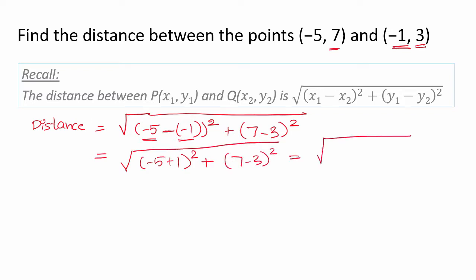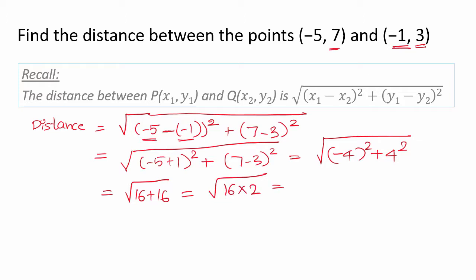This becomes (-4) square plus 4 square, which is 16 plus 16, which is 16 times 2, which is 4 root 2. So it's the same answer, but here we didn't have to do much work. If you just remember the equation, you can substitute the values and get the answer.